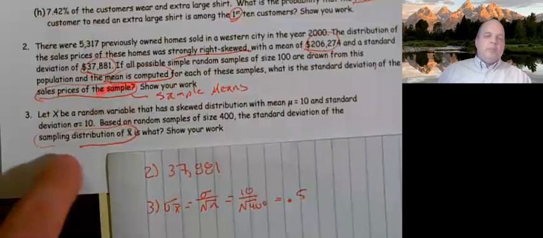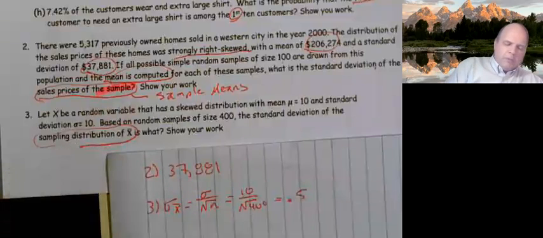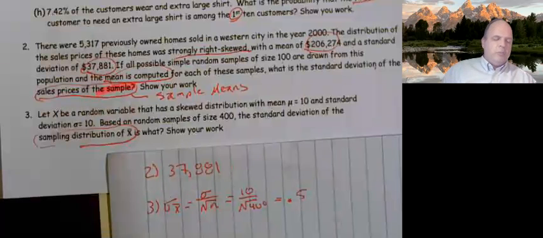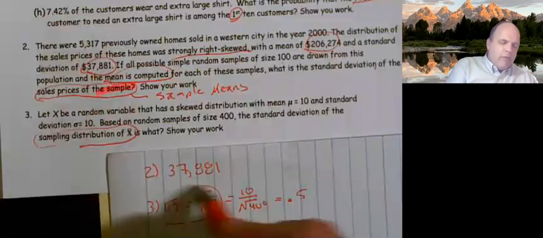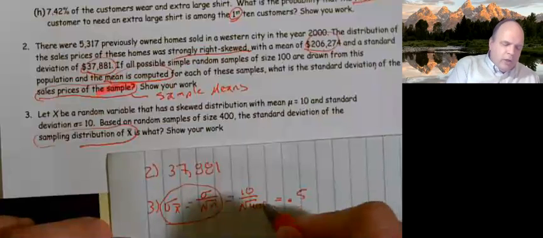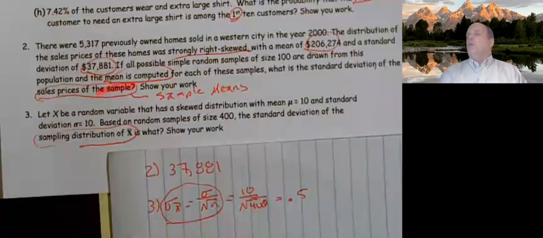But the sampling distribution of X bar, or the sampling distribution of the means or the averages, will always have this for its standard deviation, even if the sample size is 30 or larger. Is this supposed to be a 400? Yes, it is supposed to be 400.